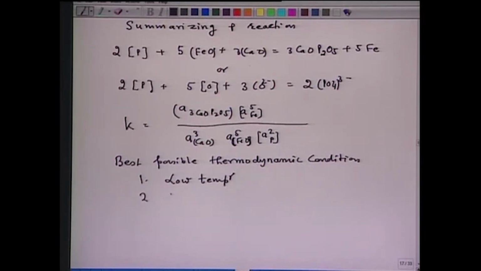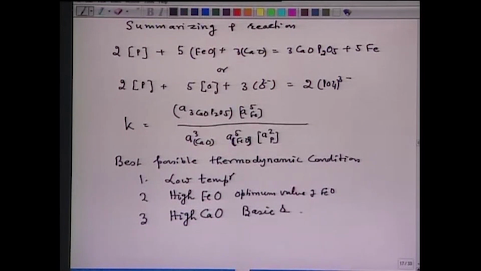Number 2, high FeO, but optimum value of FeO up to 15 to 20%, and third, high calcium oxide, that means slag should be basic and limey. Here it is important that FeO should be dissolved in slag, it should not be undissolved. Kinetically, stirring is always better for enhancing the rate of slag metal reaction.